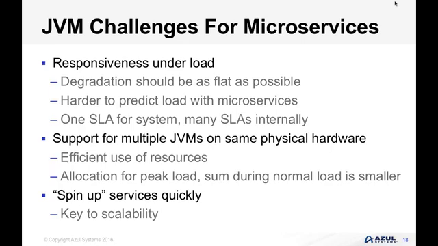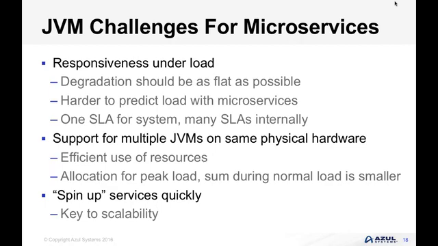In effect, we're creating an overhead for each individual service, which is then multiplied by the number of services we have. If we had a whole application running monolithically, then we would build in overhead so that we could deal with peak load, which might be different if we break it up into multiple services. So that's the kind of thing we need to consider when we're using JVMs.